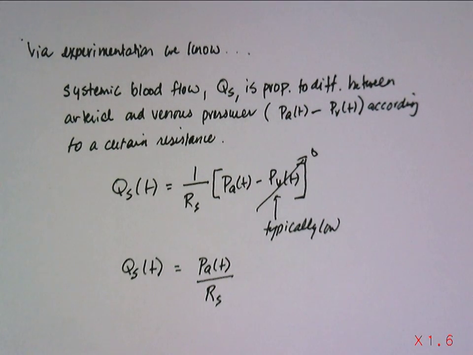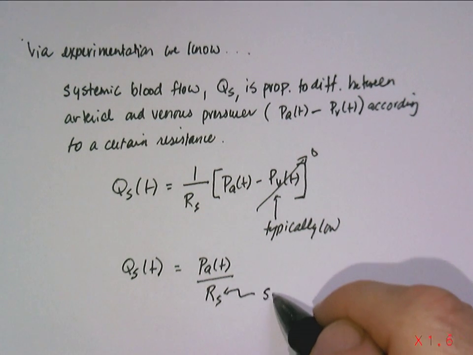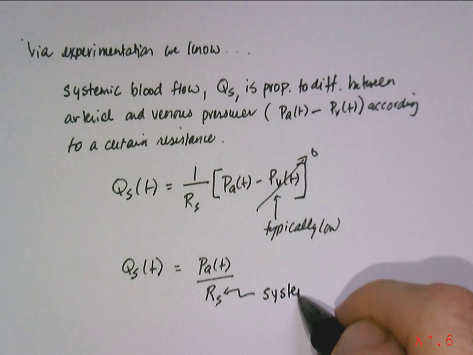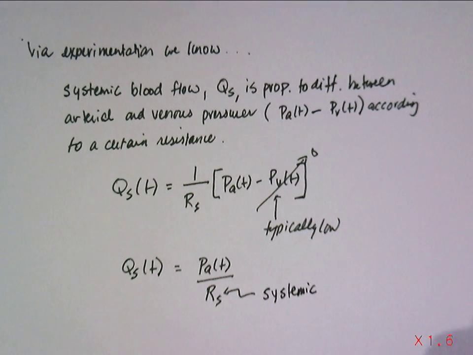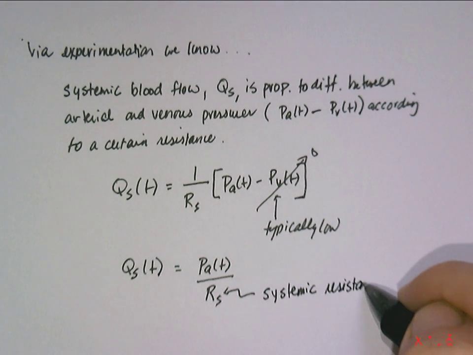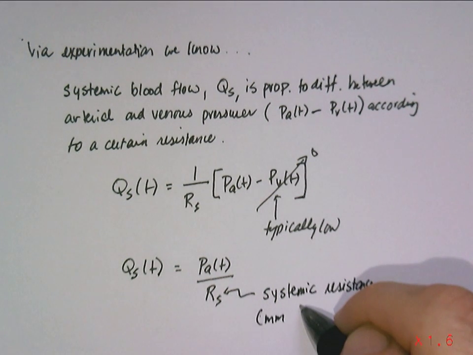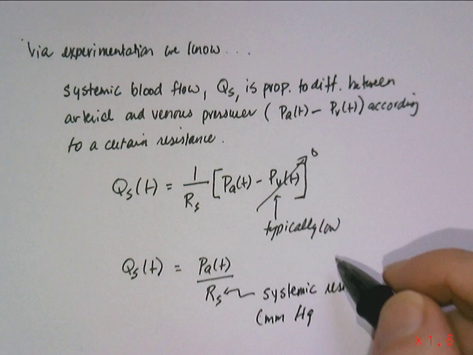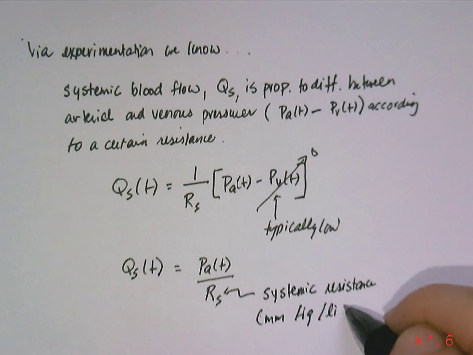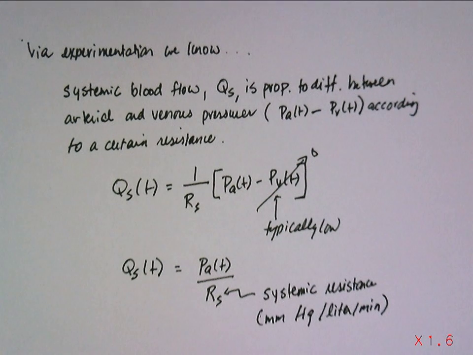Again, this R sub S value would be your systemic resistance. Thinking of the systemic phase of blood pressure, this would be the resistance found. And the measurement would be most likely millimeters of mercury by liters per minute.